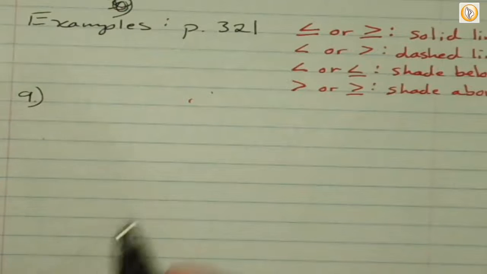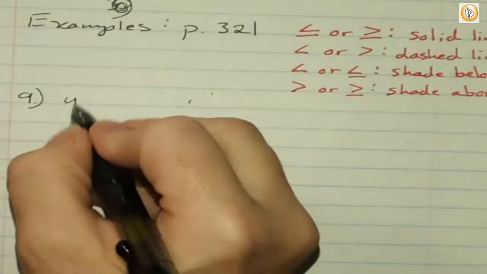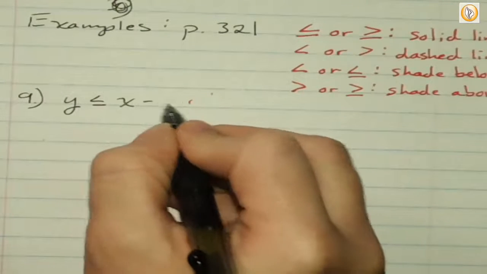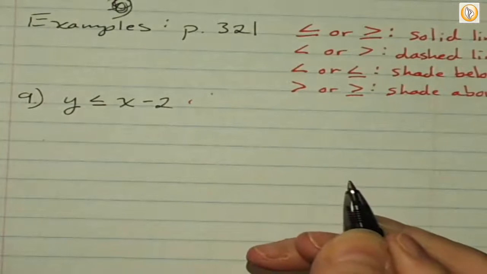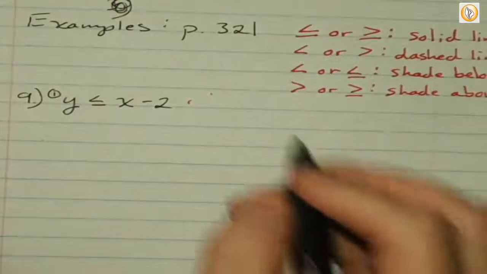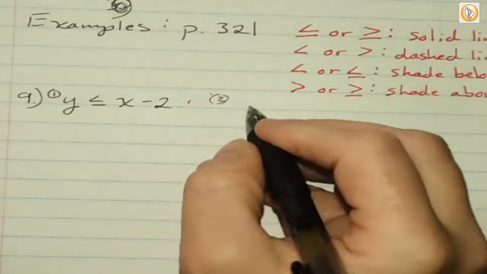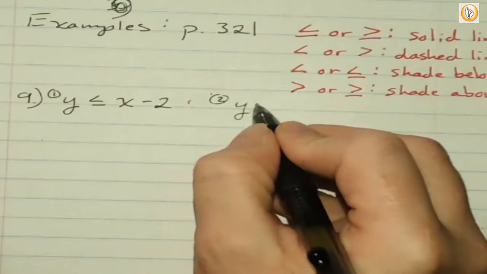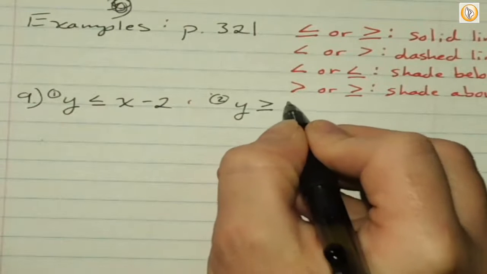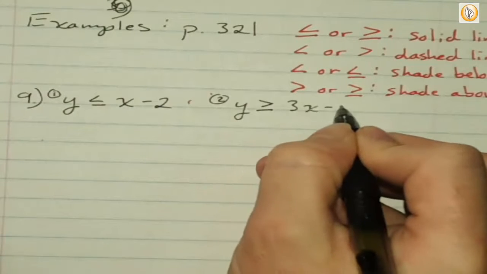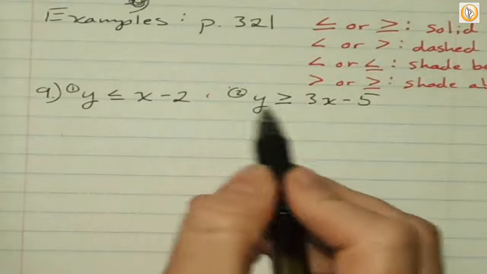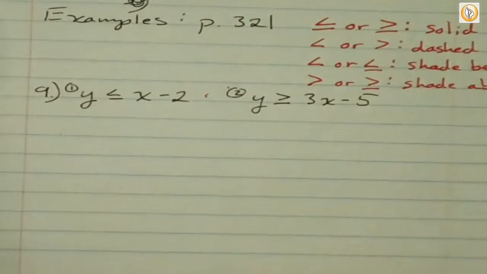The answer, I'm going to show that to you. So number 9, it's y is less than or equal to x minus 2, and that's line 1. Line 2 is y is greater than or equal to 3x minus 5. Okay, so line 1 is that, line 2 is this.